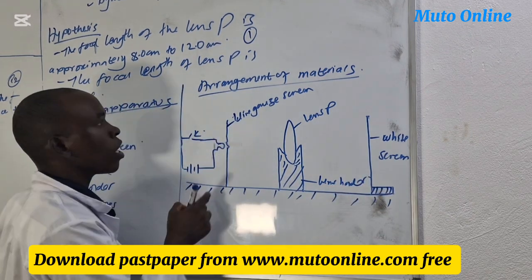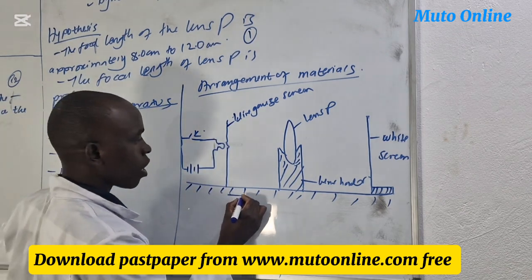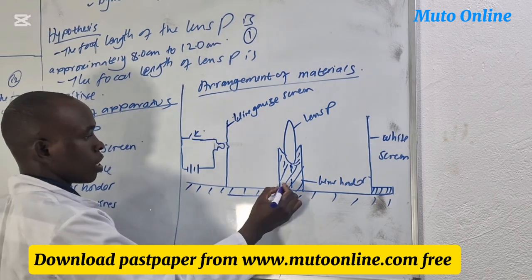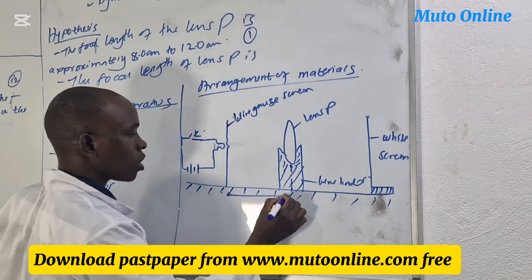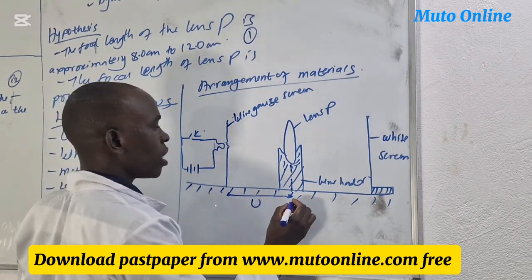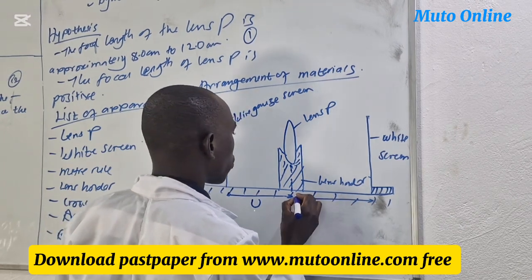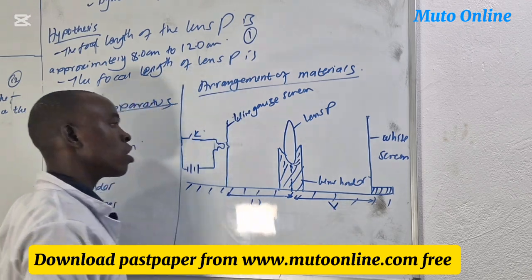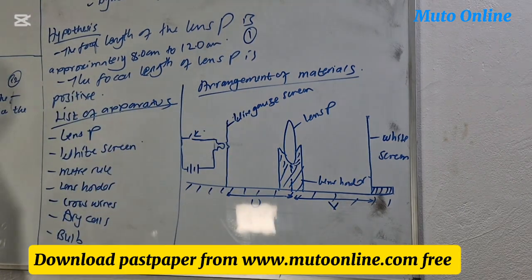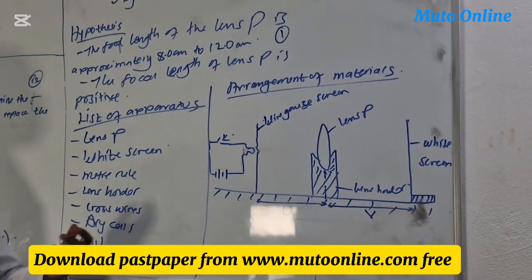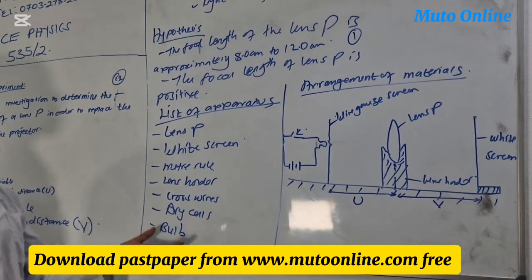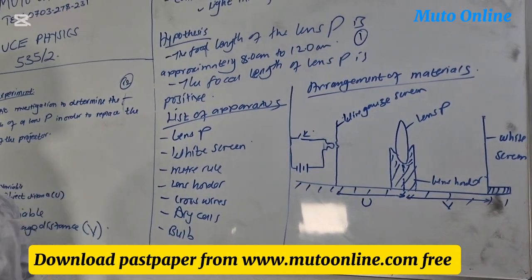Now the distance from where we have the cross wires up to where our lens is placed in the middle here. I want to take this to be the middle of the lens holder here. So we are going to call this distance U, and then the distance from here up to where the screen is placed, or up to where the image is going to be formed, is going to be called V. Now we have that diagram, the arrangement of apparatus. So these were the list of materials that we needed, and then that's how we can arrange them.